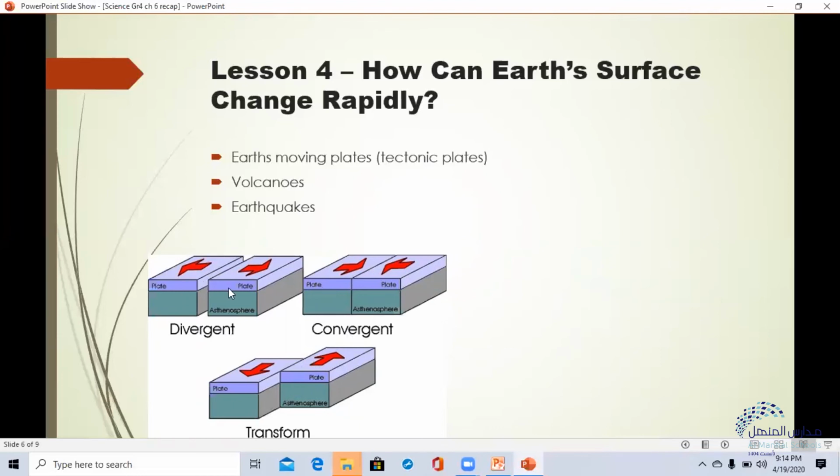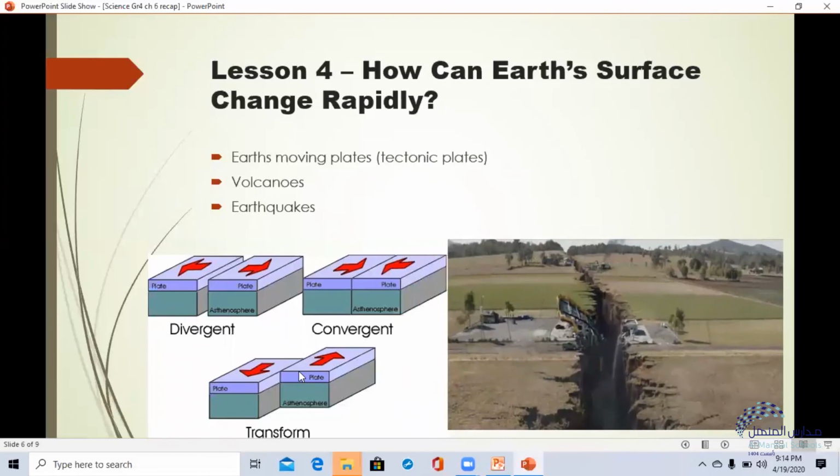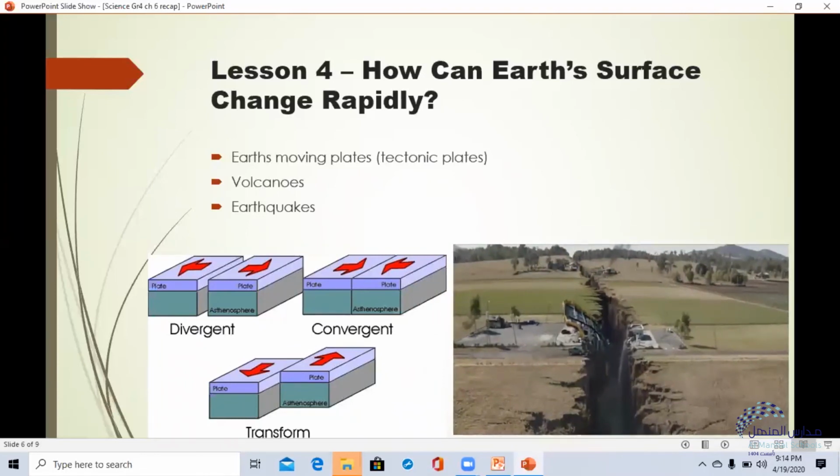So when you get divergent, the Earth can rip apart and split. Convergent pushes mountains up, and transform means that the plates just scrape next to one another. Now this is a dramatic divergent picture of how the Earth is rapidly tearing itself apart.